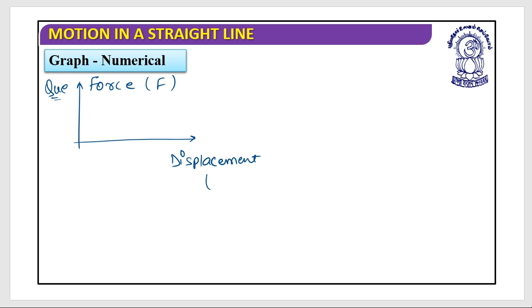This force is F and this displacement is X, and you've been given something like this.